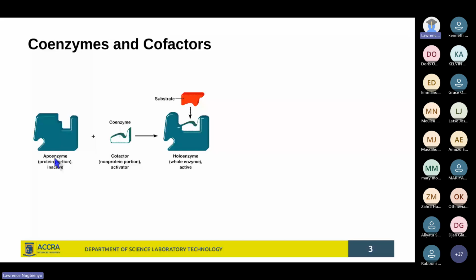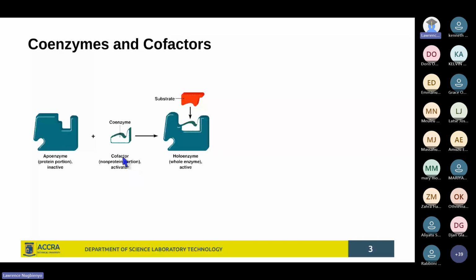It's being inactive, and you will need either a cofactor or a coenzyme, which is a non-protein. Sometimes it's referred to as a prosthetic part of the enzyme.